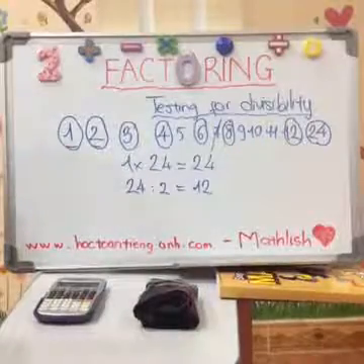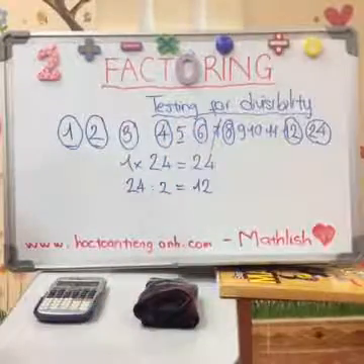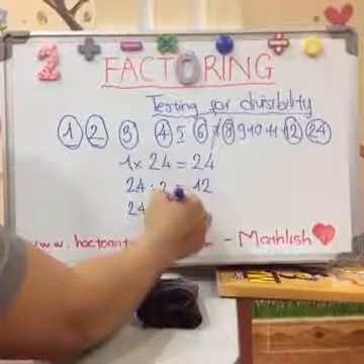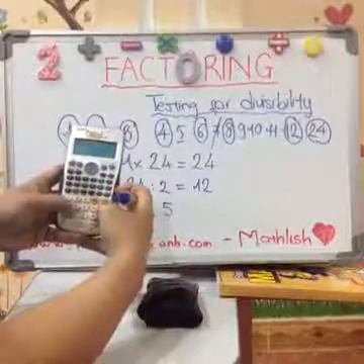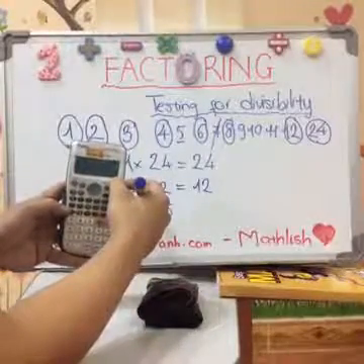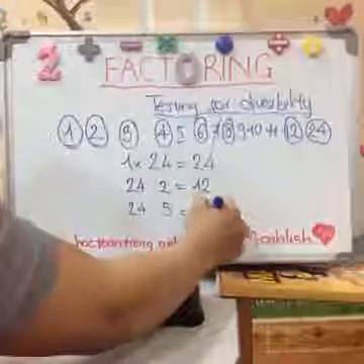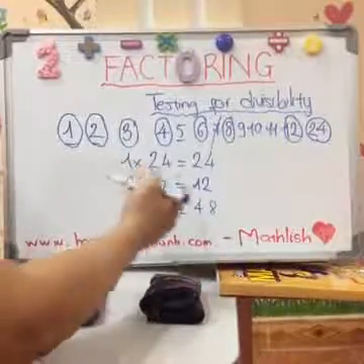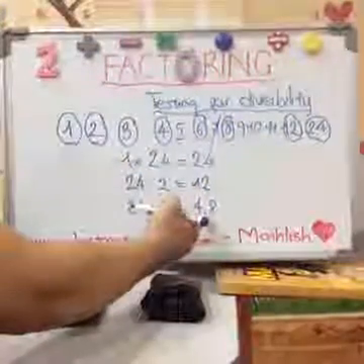Okay, let's move on to the next number we haven't tested, 5. 24 divided by 5 equals 4.8. Well, that didn't divide evenly because our answer is a decimal number.